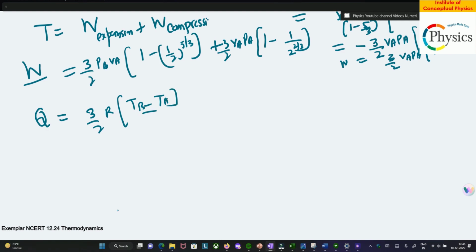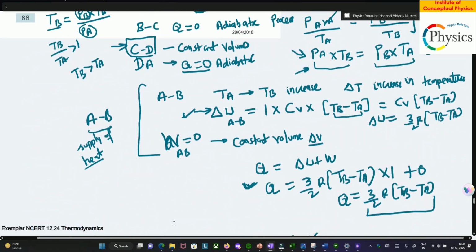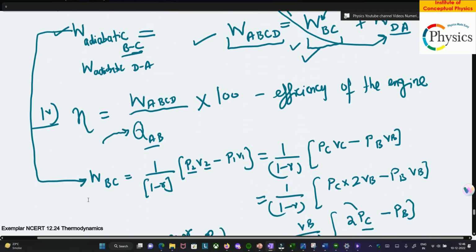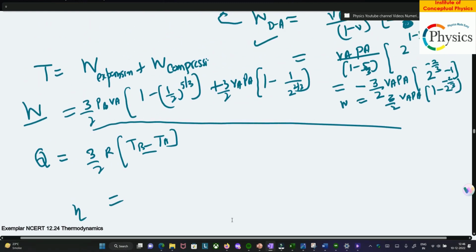And what you can do is, if you look into the process of A and B, A and B were constant volume processes, so you can calculate the efficiency. The total work done, which is this complete expression of the work done, you can write in the numerator divided by this, right?